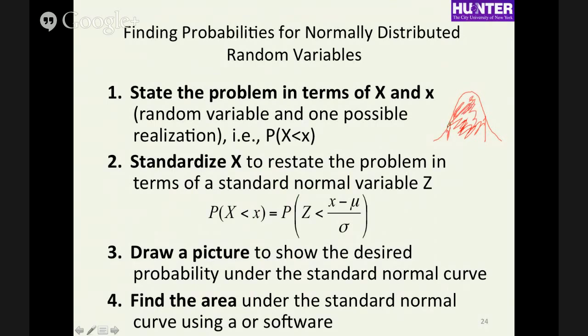And if you can draw it out, then you remember that the probability of everything is 1. You need to subtract off what's under this tail, and you need to subtract off what's under that tail. Or alternatively, maybe you do it by calculating everything to the left of this value and then subtracting what's in this left tail. But with a little bit of practice and drawing it out like this, it's going to be no problem.